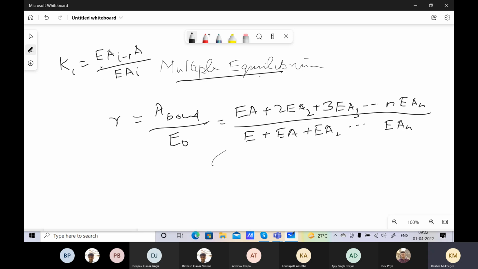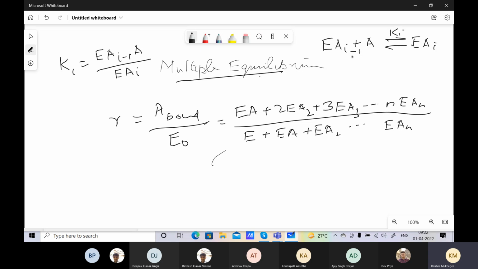So EA(i minus 1) plus A gives EAi with a macroscopic binding constant of capital Ki. Remember that the macroscopic binding constant is a function of the microscopic binding constants, and that was the binomial equation that I was talking about.